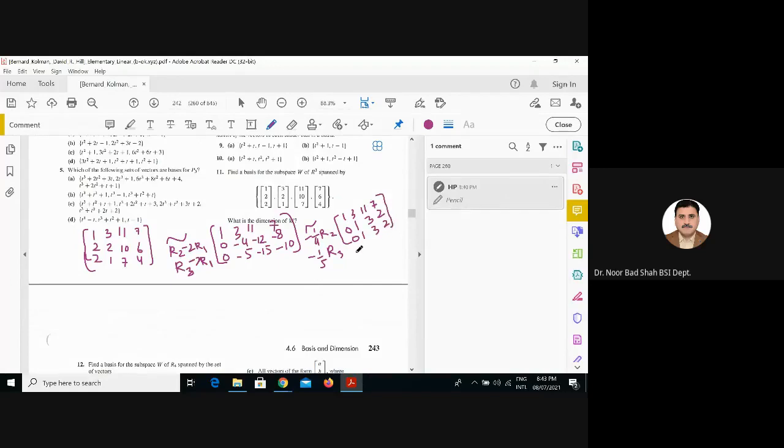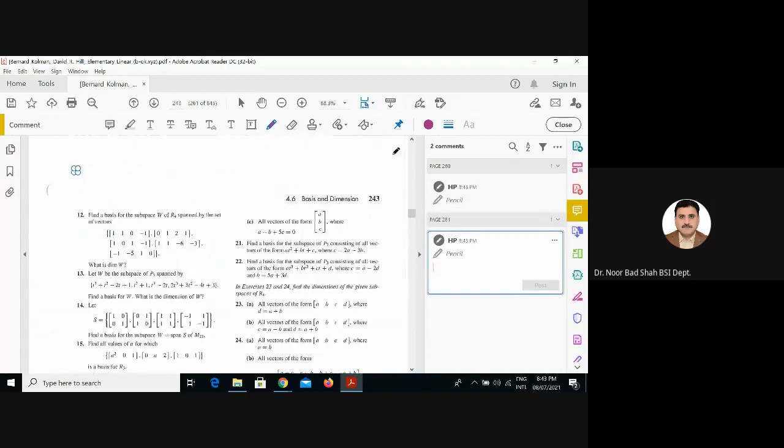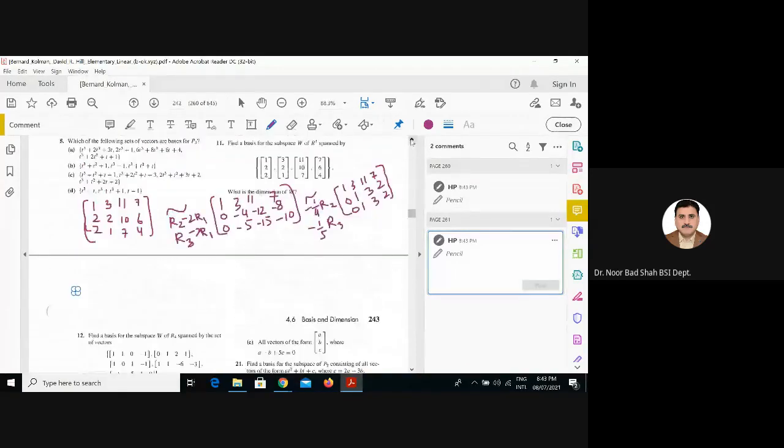And 0, 1, 3 and 2. Then subtracting row 2 from row 3 gives 1, 3, 11, 7; 0, 1, 3, 2; 0, 0, 0, 0.